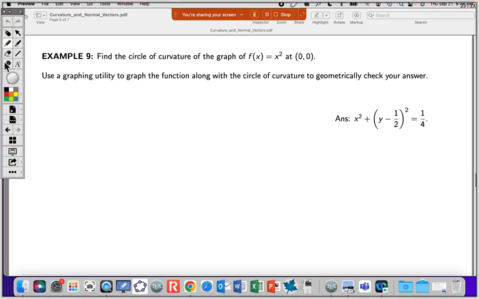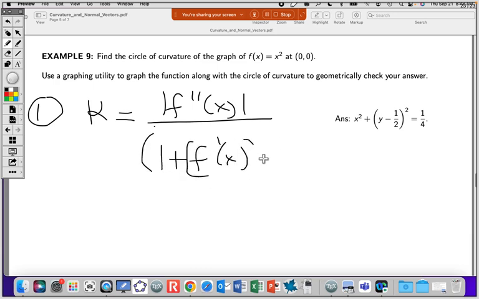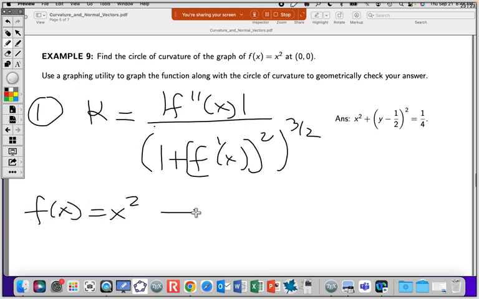Find the circle of curvature of the graph f of x equals x squared at 0, 0. So step 1 would be to find the curvature. We have a plane curve, y equals f of x. So f of x is x squared. So what's f prime of x?